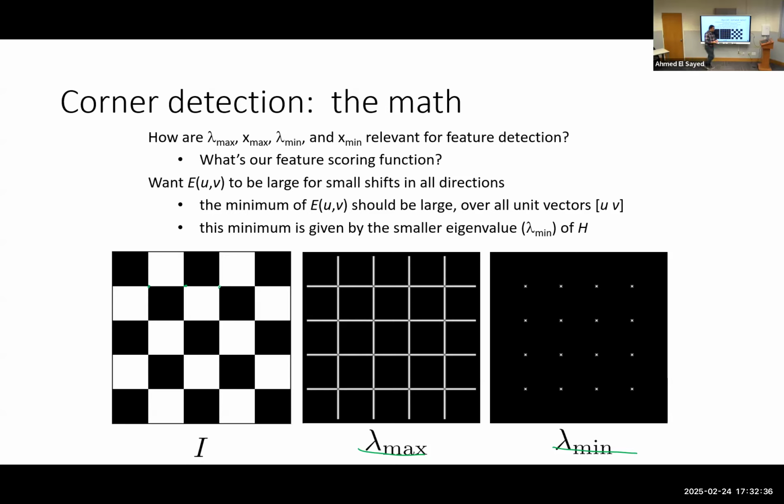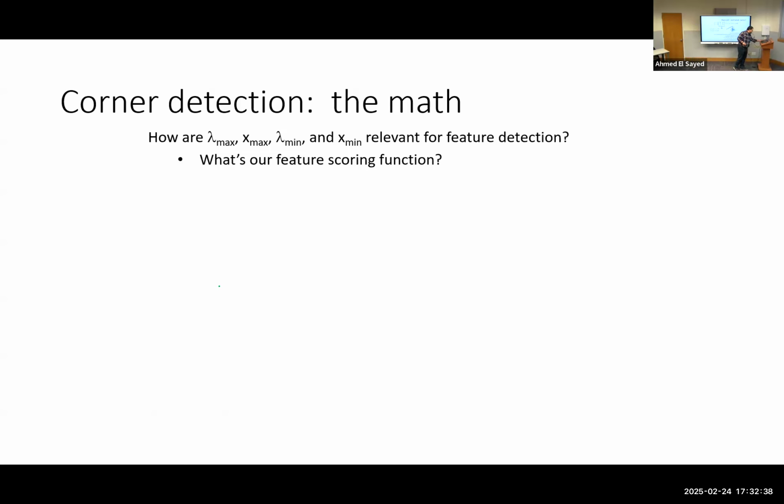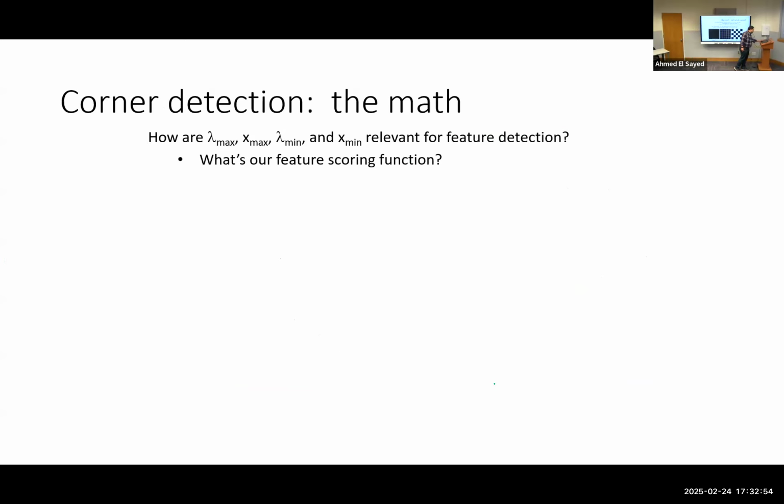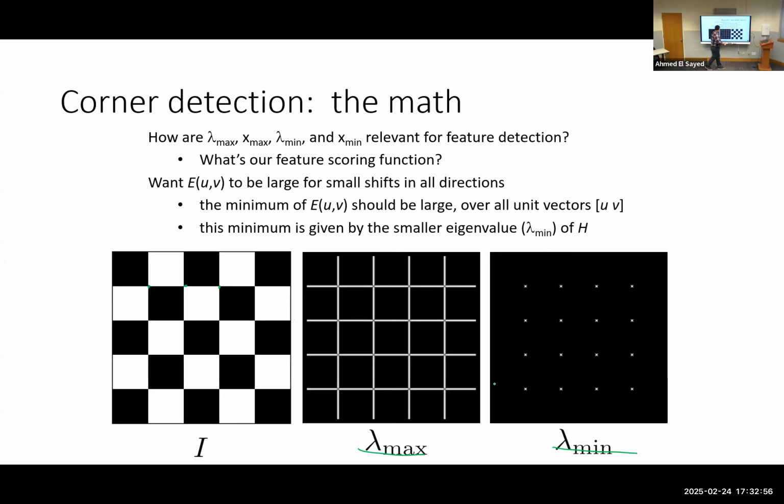The minimum. Because if you remember, the minimum, the one that controls what? The bigger diameter. So if I have a large minimum, I will have a bigger diameter, so I can have a corner.